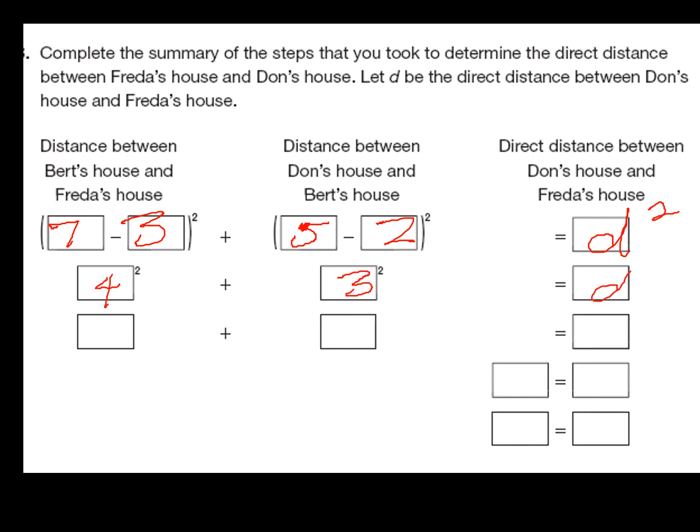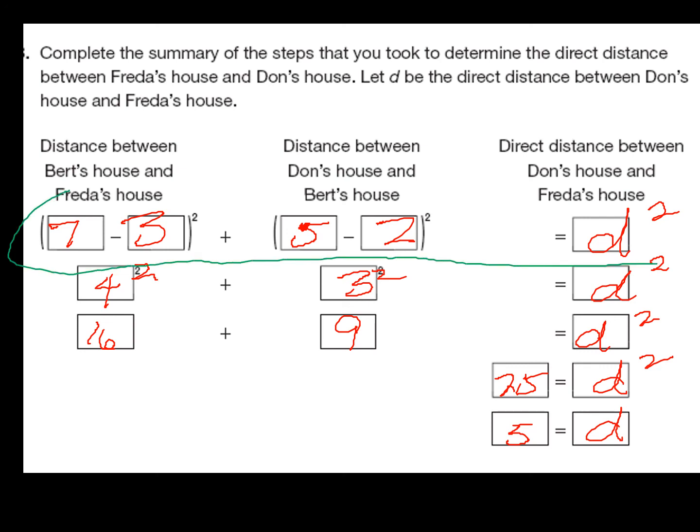What is this looking like with these little squares? See them on there? Pythagorean theorem. So then you square it, 16, square it, you get 9. This is already squared. So 25 is d squared. What do you do? Square root it, and you get 5 for d. But when you look back up here at this first row, this is basically the distance formula.